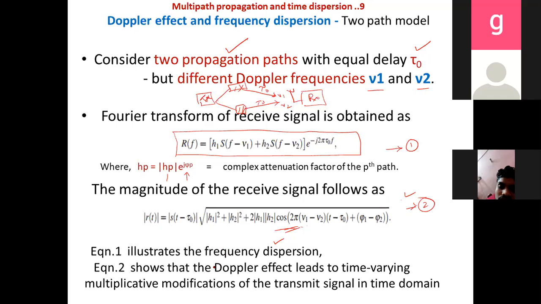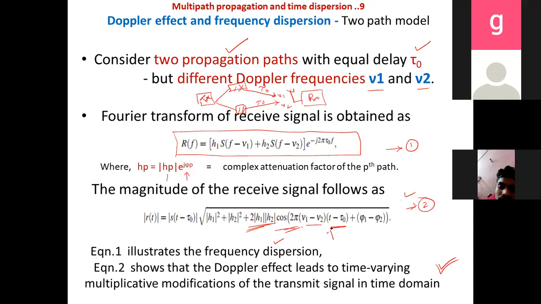And the equation 2 describes the Doppler effect leading to time varying multiplicative modifications of the transmit signal in the time domain. Okay, you can see the multiplication effect, time varying multiplicative modifications, these velocity changes.